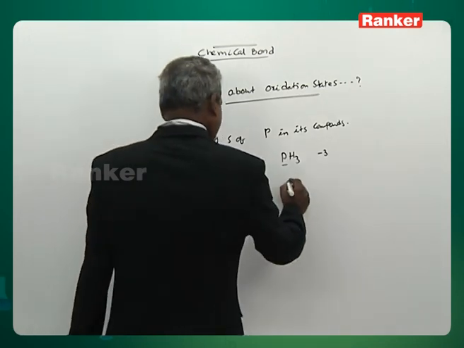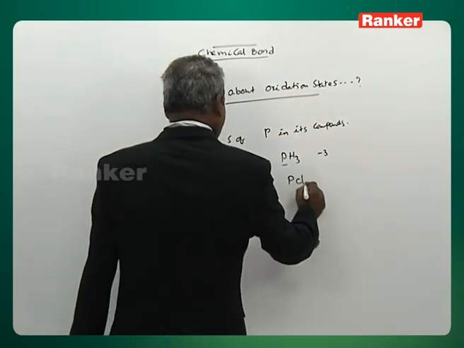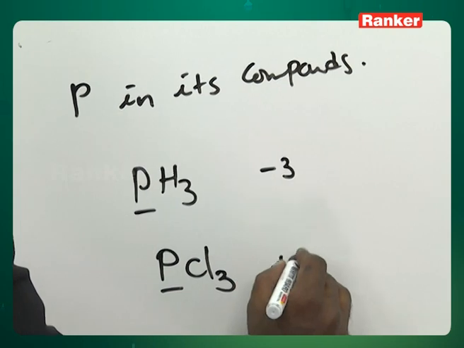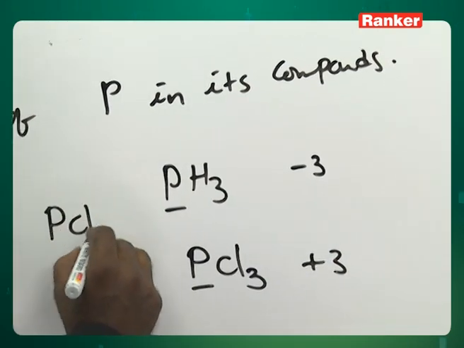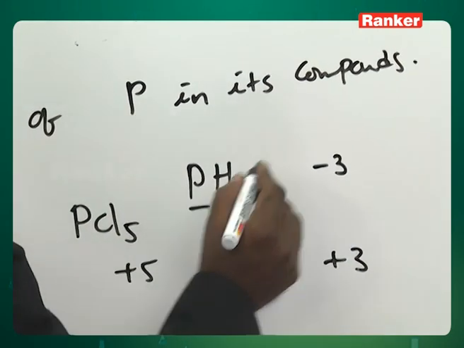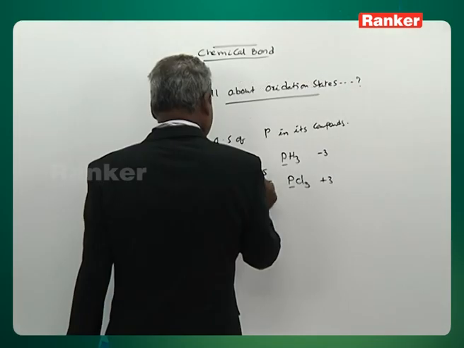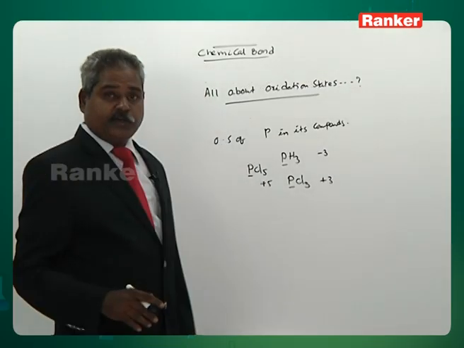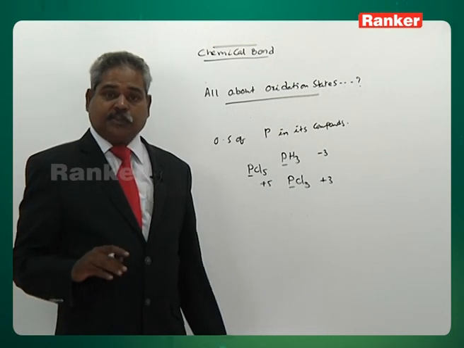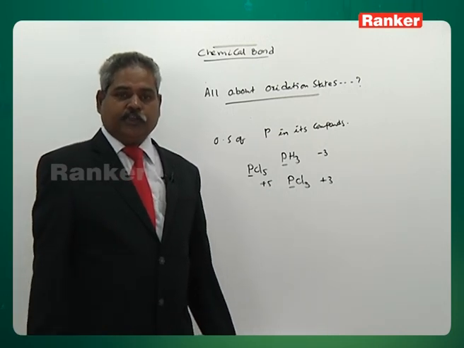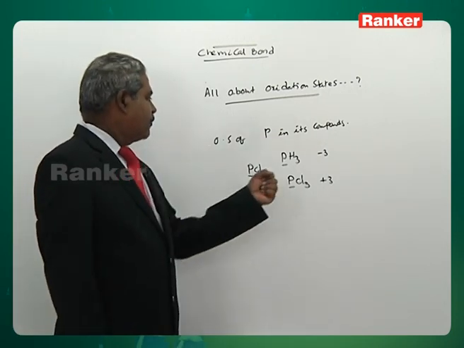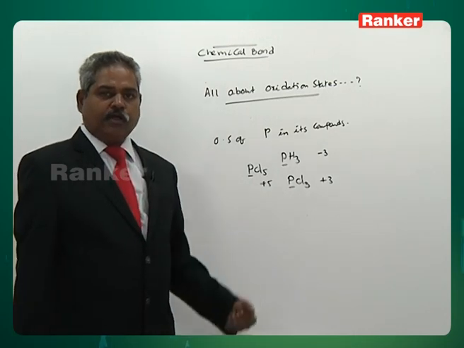In PCl3, chlorine being more electronegative, the oxidation state is plus 3. In PCl5, it is plus 5. So sometimes minus 3, sometimes plus 3, sometimes plus 5, sometimes it may be plus 1 also, sometimes 0 also. When it is forming bonds with equal opponents, a P-P bond, it is 0.